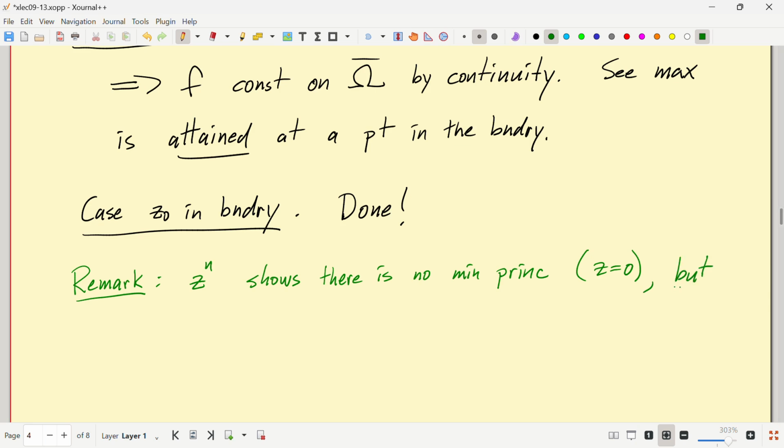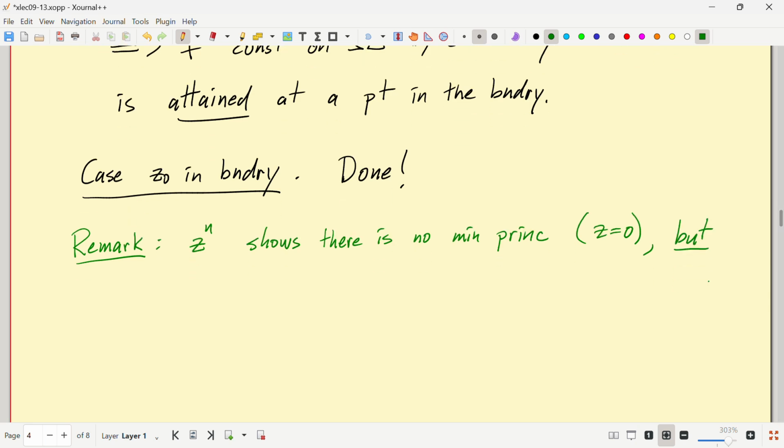But if f is a non-vanishing analytic function on a domain, there is a minimum principle, which is an obvious thing.